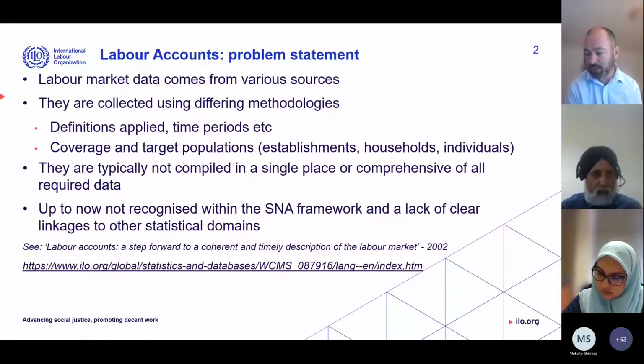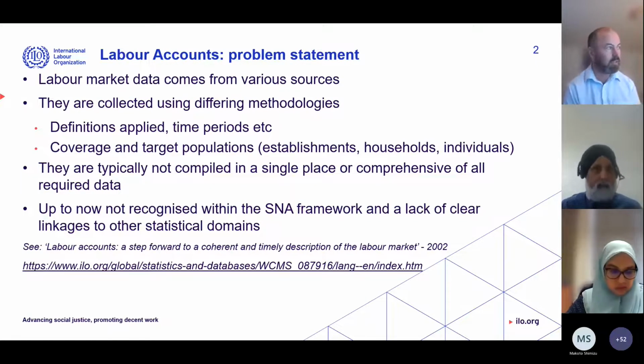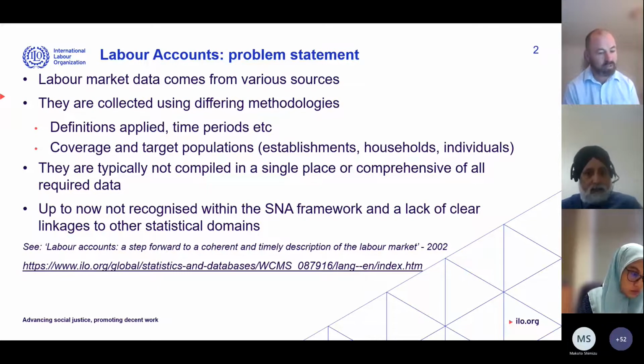And these have already been mentioned in some way by Mr. Shimizu in his opening remarks. Well, the first big problem is that labor market data comes from various sources, and consequently, they are collected using different methodologies. So we can have different definitions applied, even for the same concept across different sources.